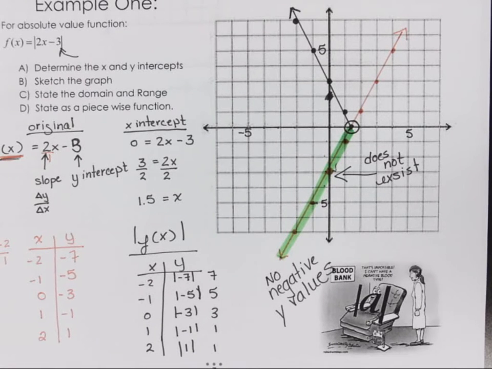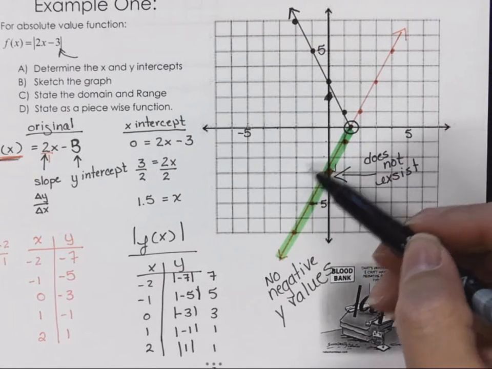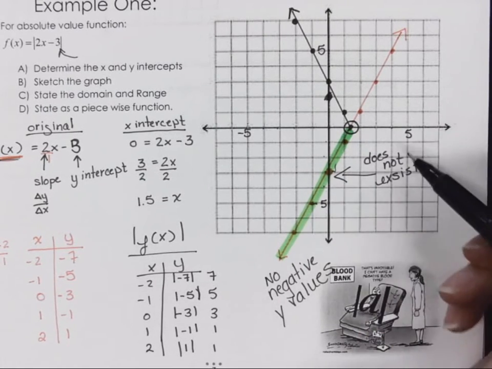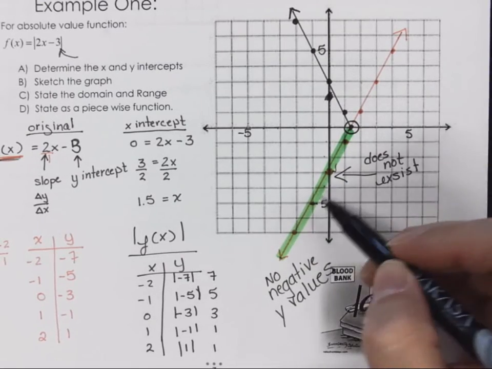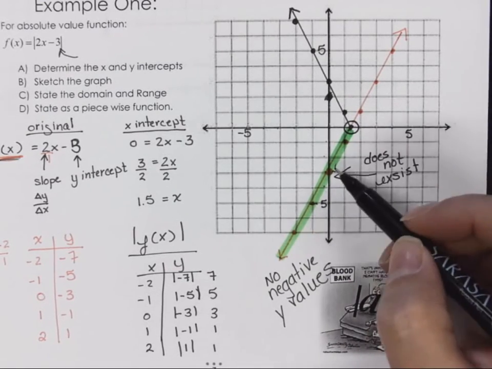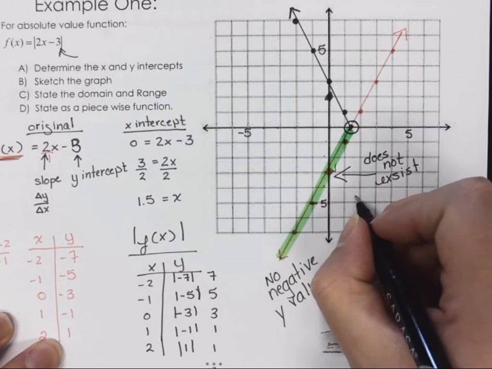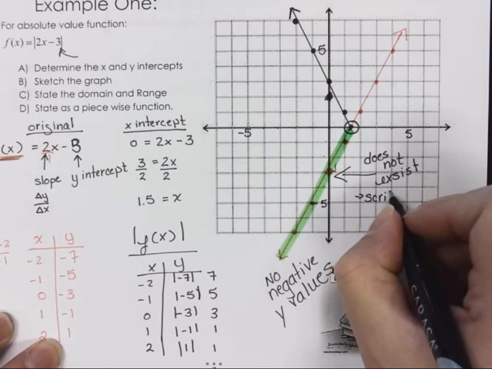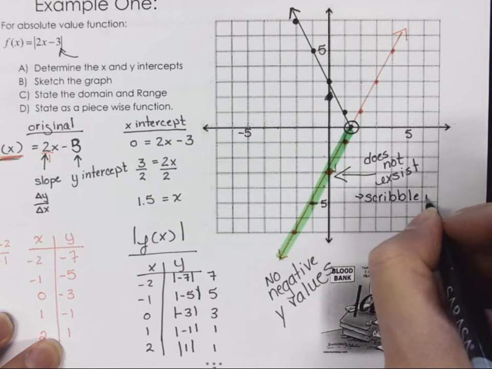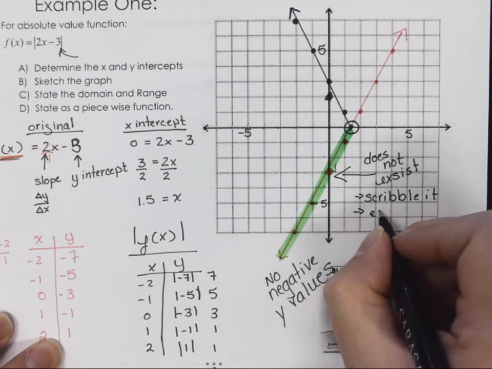So some of us who are proficient at graphing straight lines can do it without this helping part. This does not exist. So you need to either erase it, scribble it out, or make it a dashed line, but it does not exist.